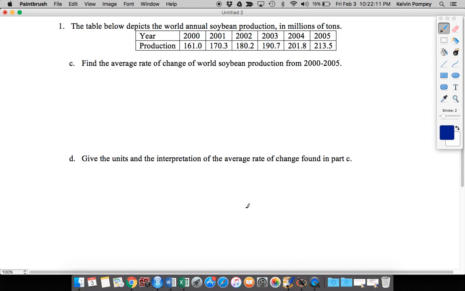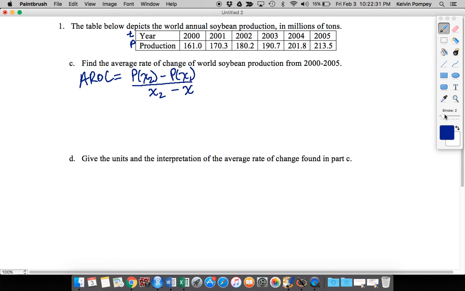All right, in part C, it says find the average rate of change. And remember, the average rate of change, well, we're using T here and P here. So instead of saying F of X2, I'm going to say P of X2 minus P of X1 all over X2 minus X1.